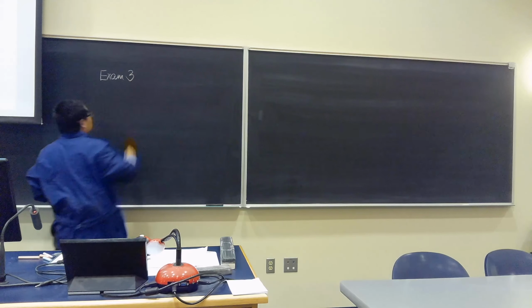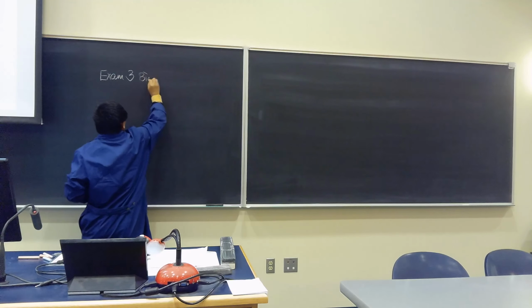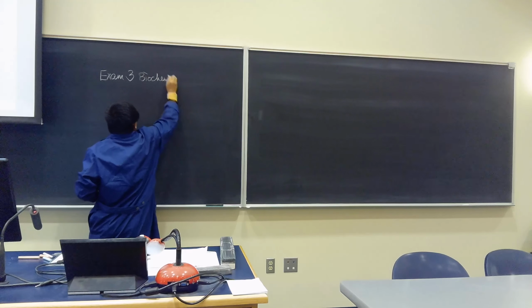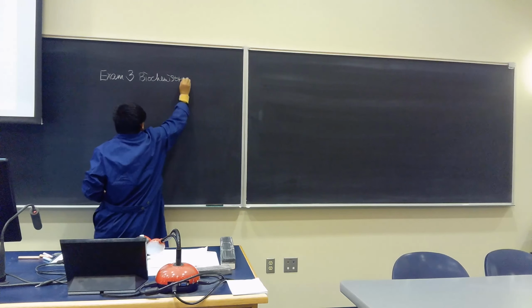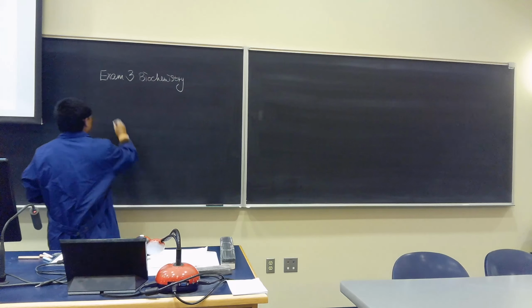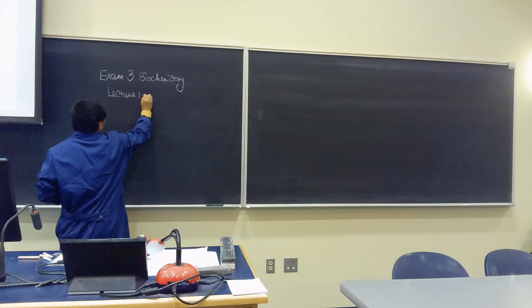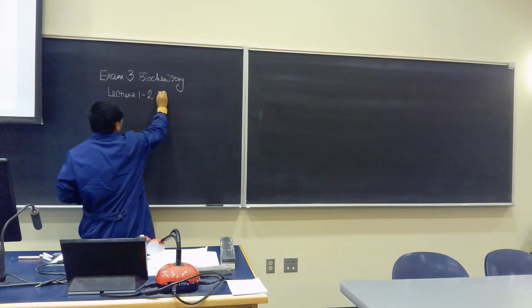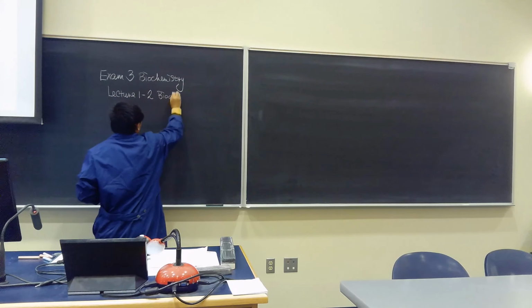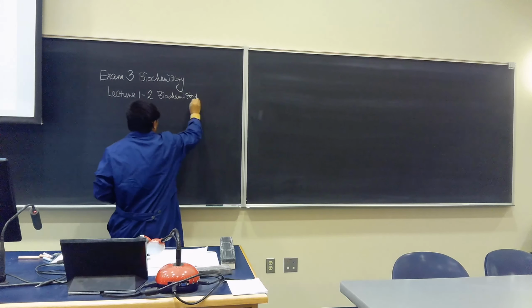This section we will talk about biochemistry, basically. The biochemistry and the genetics. So what is going to be the outline? We will have lecture 1 to 2. We'll talk about biochemistry. This will be the key here.